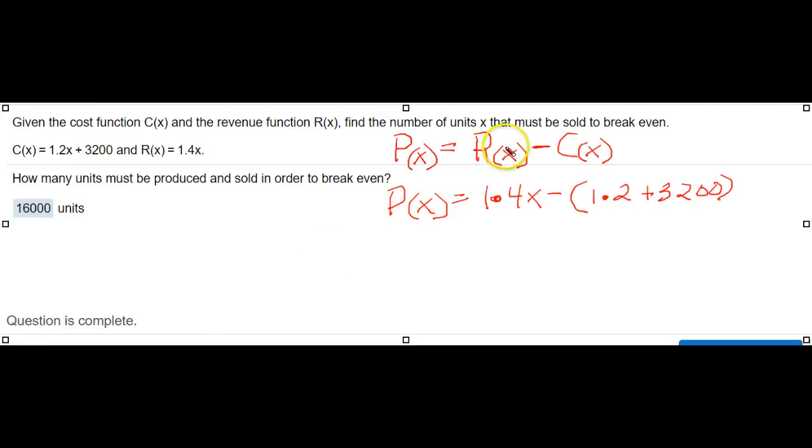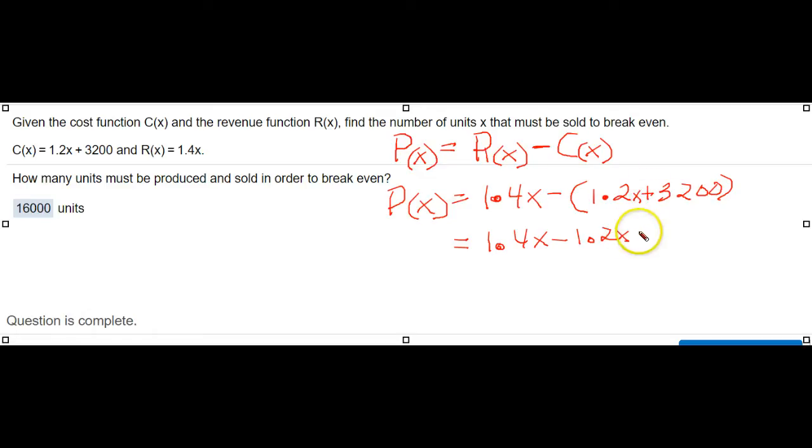So substituting our revenue, 1.4x, subtracting the cost. Now here we have to put it in parentheses because this is a sum in a sense. And now we clear parentheses. That would be 1.4x minus 1.2, and I forgot to put the x there, x.